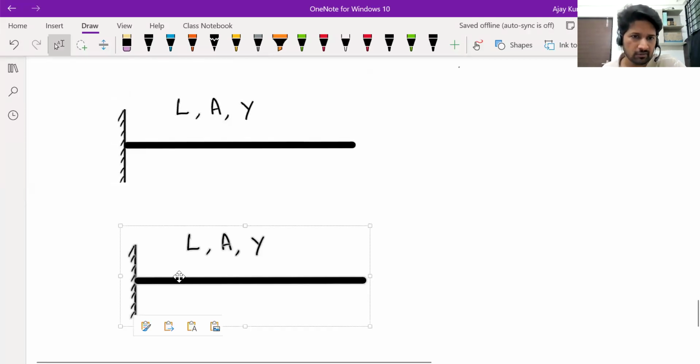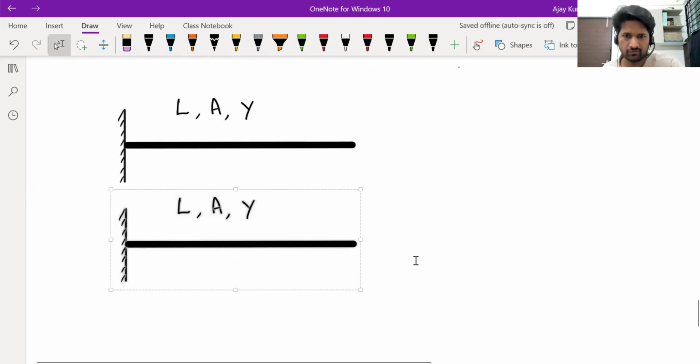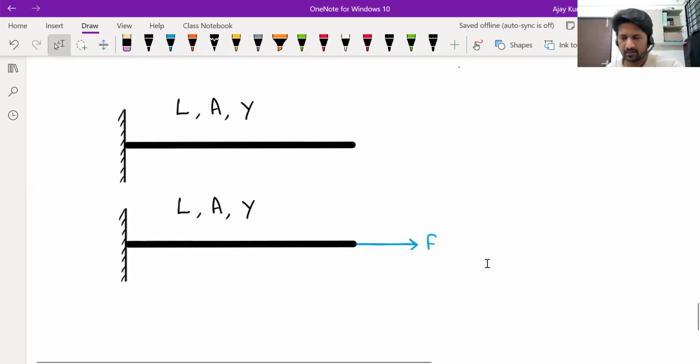When you apply a force, what will happen? Since it is fixed at one end, it's not free to move. So when you apply a force this way, the wall will also apply a force. Basically, some tensile stress will get generated in this and the wire will expand a little bit. And as the wire expands, the restoring forces will try to keep it in shape.